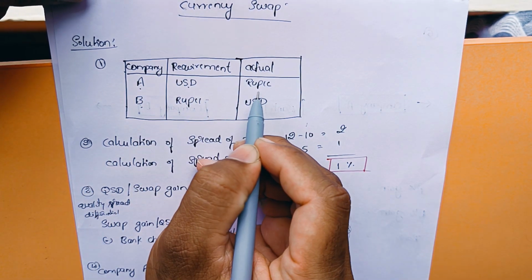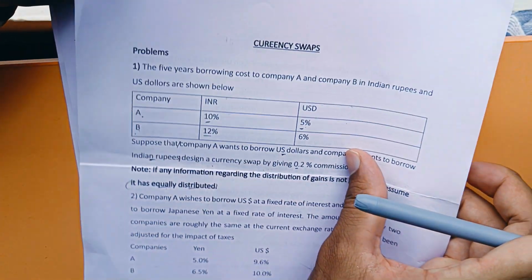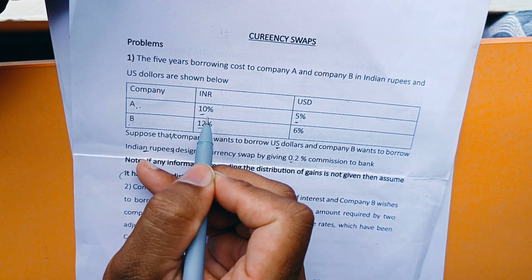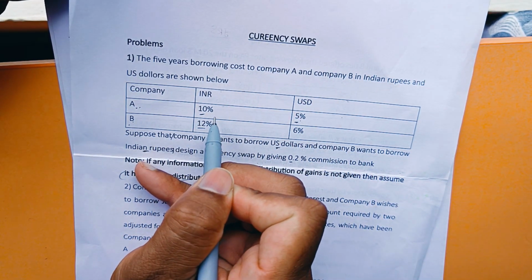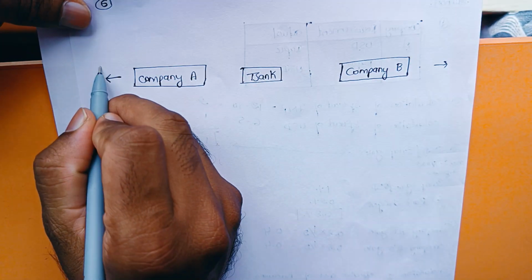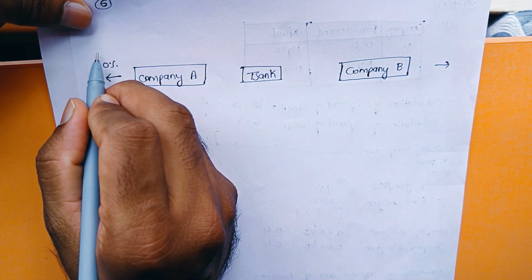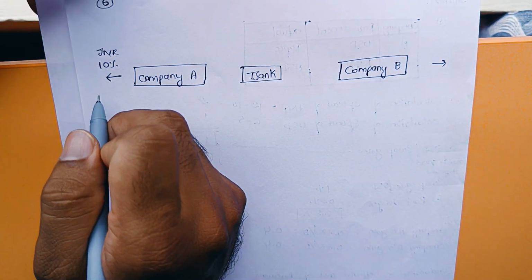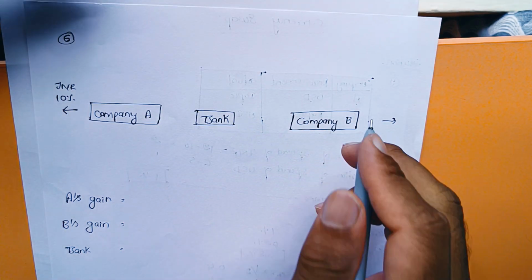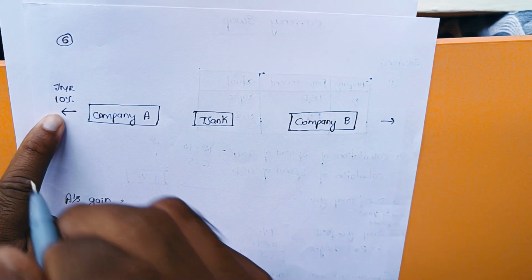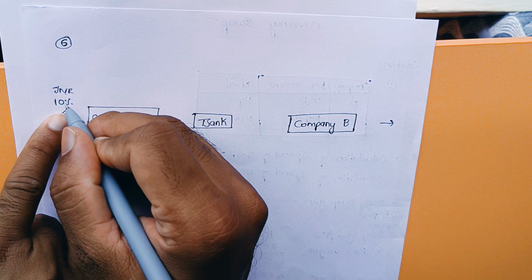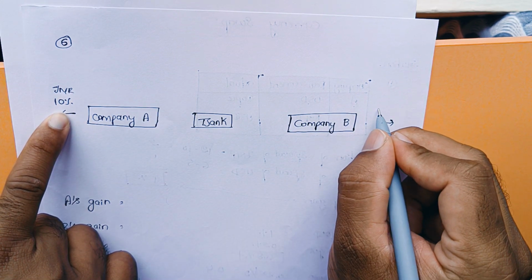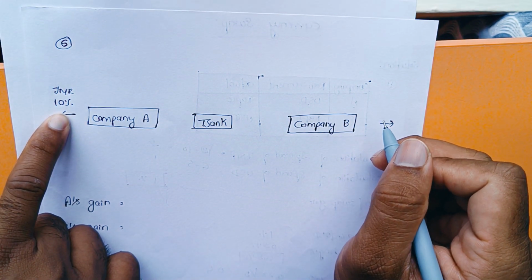Company A is actually paying rupee, in the sense company A rupee is 10%. This 10% company A is paying in the open market. So right here, company A is paying 10% in the open market. This is nothing but INR, but company A wanted USD. Done. Coming to company B. Company A is actually having 10%, that is Indian rupee. Company B will be paying USD of how much?